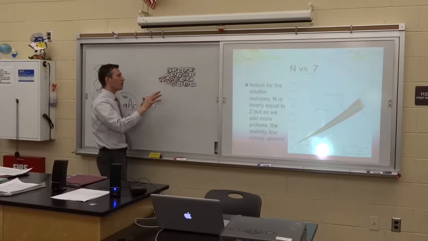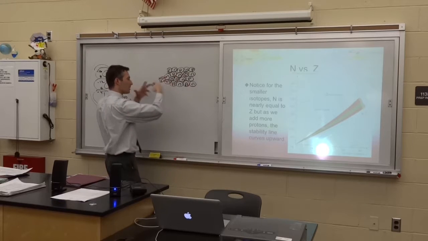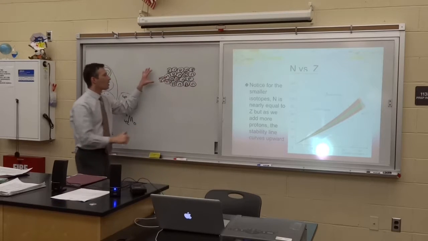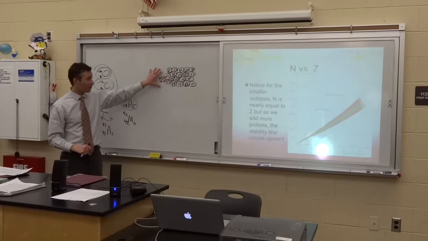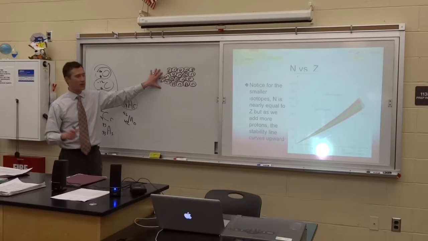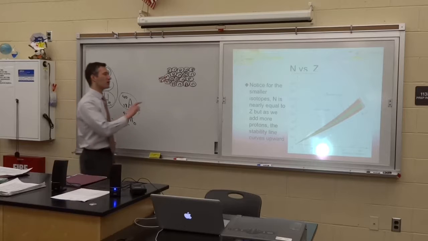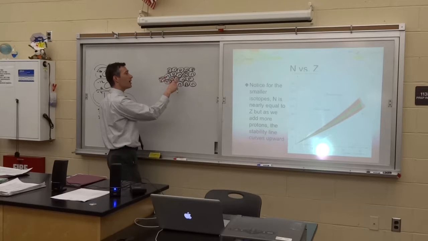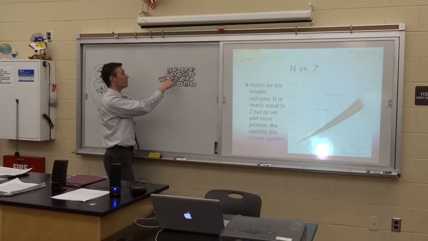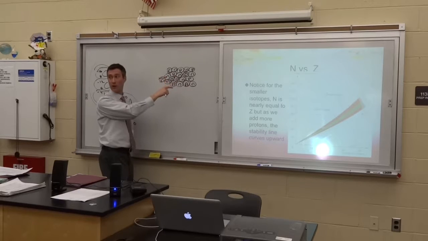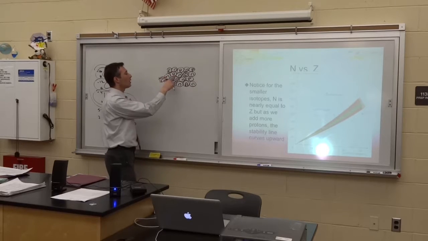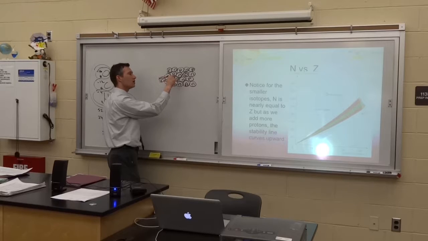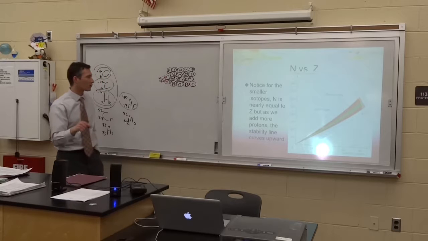But I think some of you are getting this: as we keep adding nucleons, the repulsive force increases, but the attractive force doesn't necessarily increase. For instance, proton number 4: I didn't add any neutron next to it, I don't think. So I didn't increase any strong nuclear force, but I did increase electrostatic repulsion.